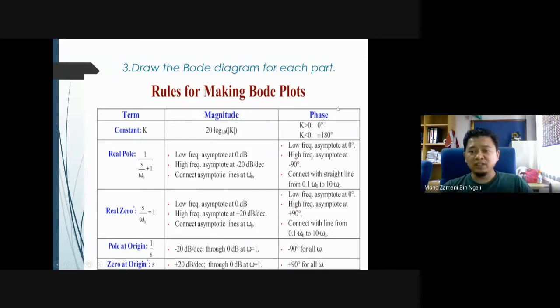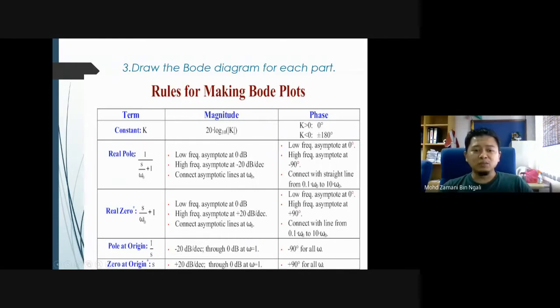For the phase, if k is more than 0, we have to draw a straight line at the value of 0 degrees. If k is less than 0, we have to draw positive minus 180 degrees. So these are all the rules.